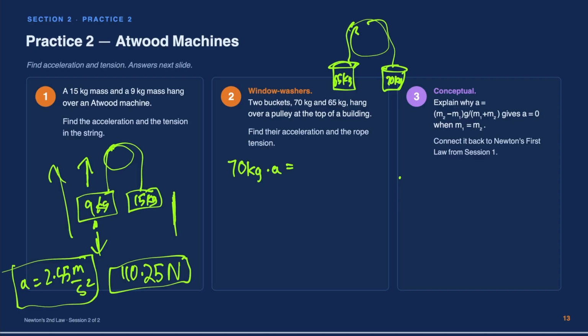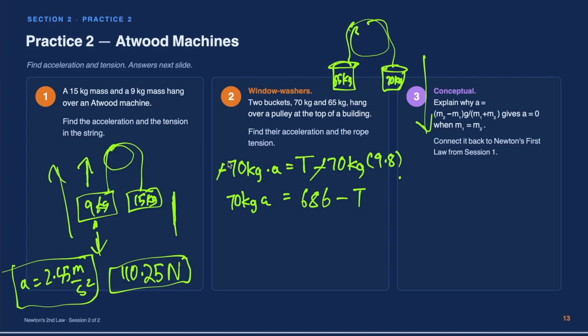70 kg times A is equal to tension minus 70 kg times g, or 9.8. And then since we know acceleration is downward, I'm just going to give this a negative. So if we divide by the negative on both sides, what is 70 times 9.8? 686, right? And this is going to become positive when I divide by the negative, minus the tension here.